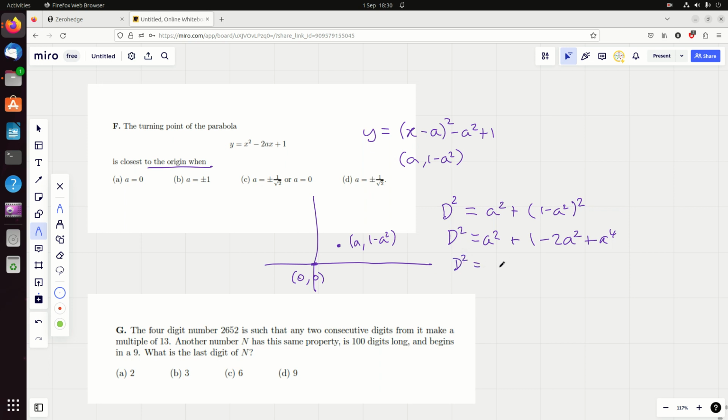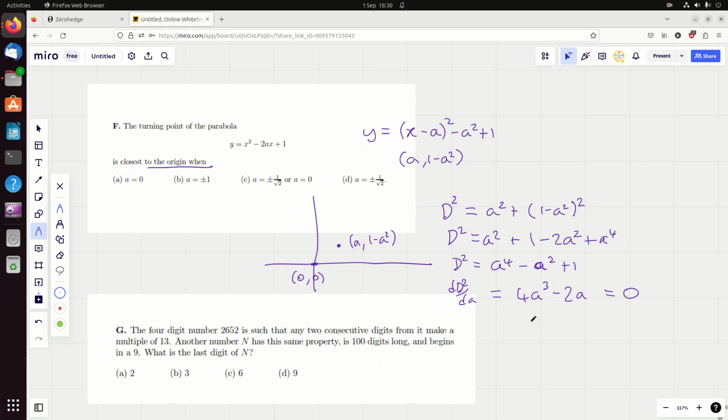So the square of the distance is equal to a to the 4 minus a squared plus 1. And so if I differentiate this, d(d squared) by da, I'm going to have 4a cubed minus 2a, and I'm going to set it equal to 0 to find the value of a which minimises that distance.